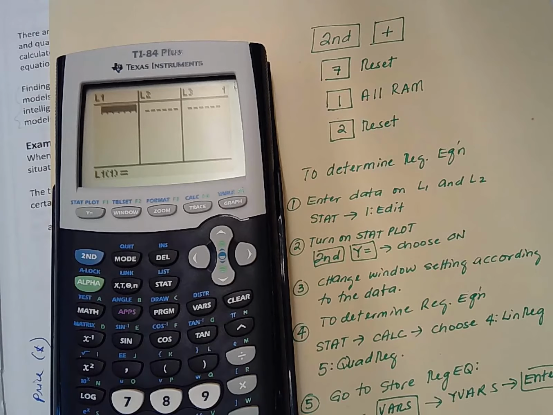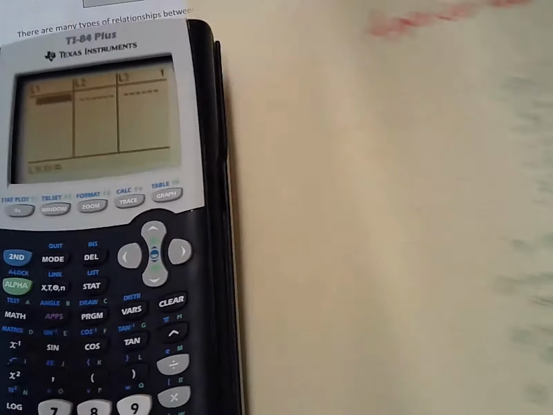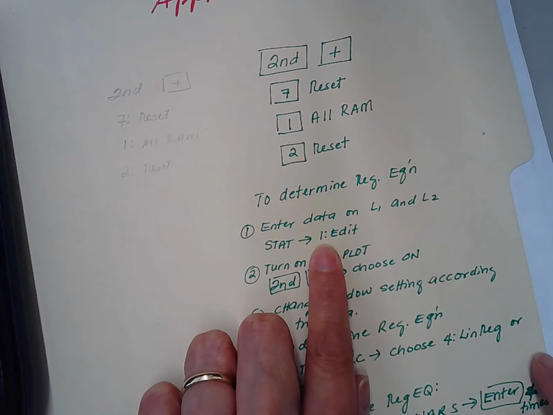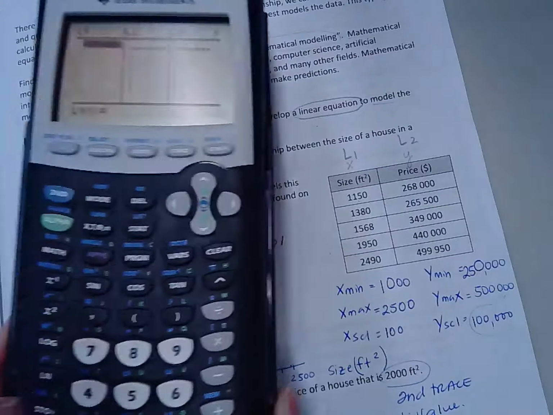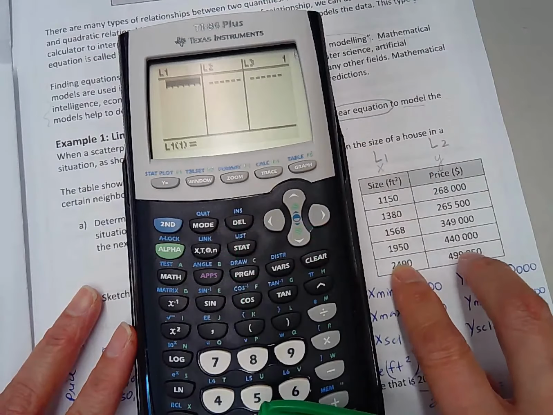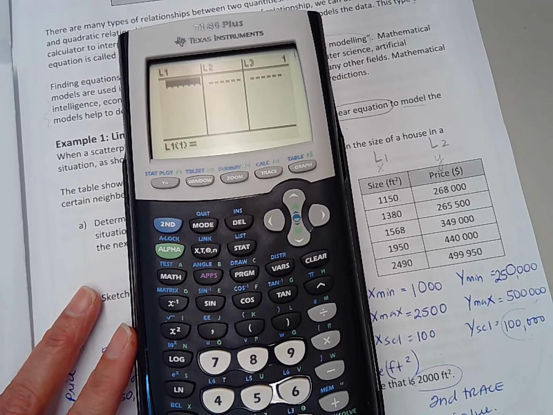I'll give you 2 minutes. Edit 1, that's what it says. Enter, right? So enter these 2 values. I'll give you 2 minutes to do that.